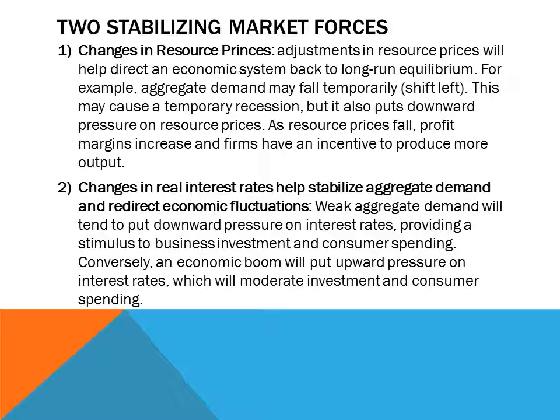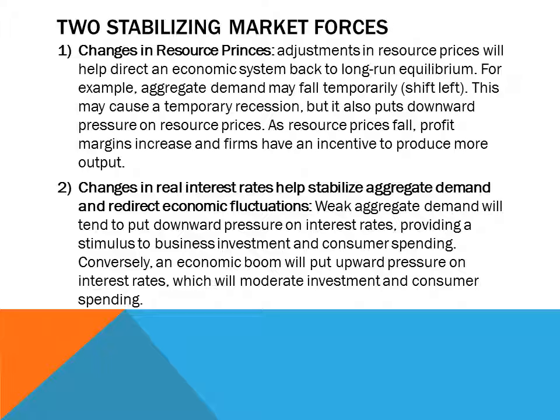For example, aggregate demand may fall temporarily or shift to the left. This may cause a temporary recession, but it also puts downward pressure on resource prices. As these resource prices fall, profit margins increase because the price of goods and services is now higher relative to the cost of production. As a result, firms have an incentive to produce more output.